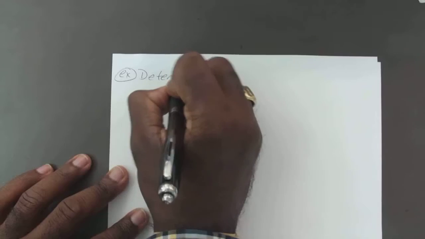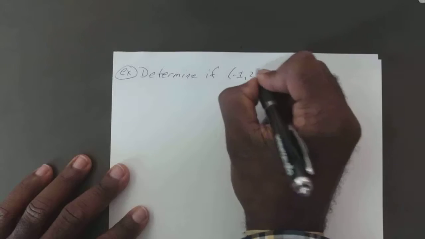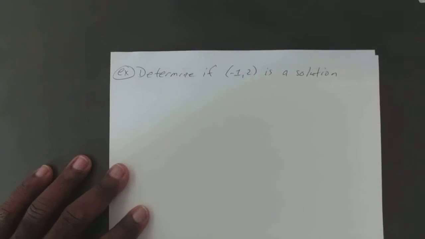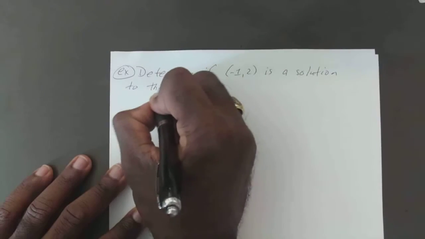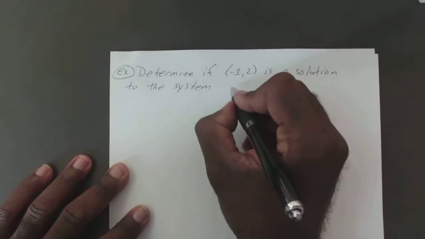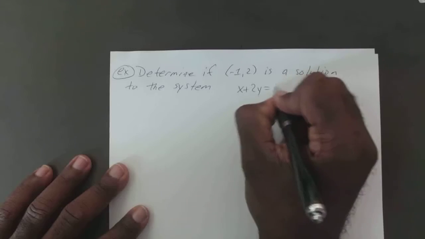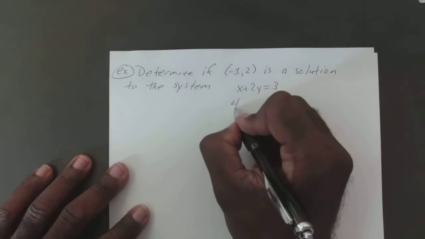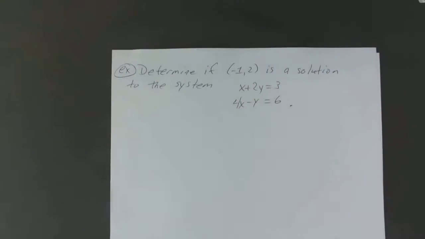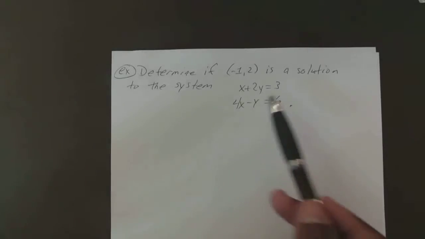Okay, so let's try another one. So determine if, let's say, -1, 2 is a solution to the system x plus 2y equals 3, and 4x minus y equals 6. Okay, so what we're going to do, we're going to replace the x and y values and see if both of those are true.